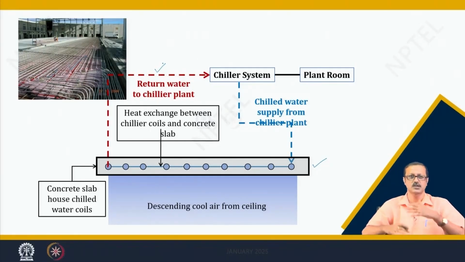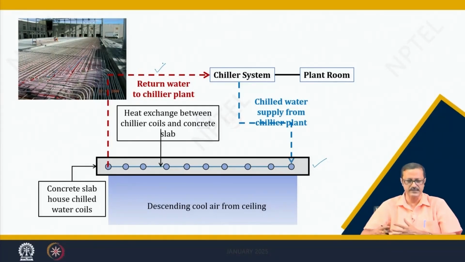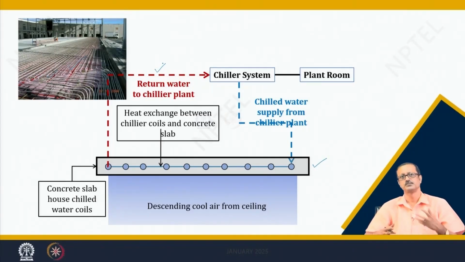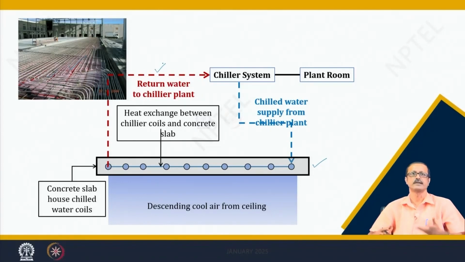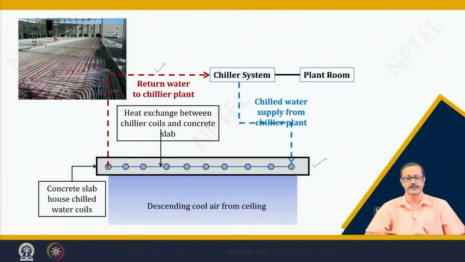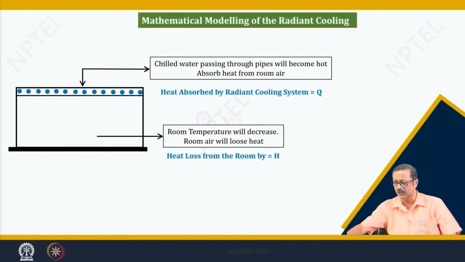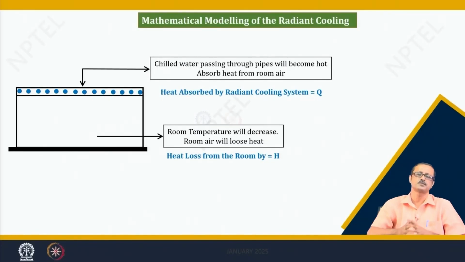By virtue of the thermal exchange, it will be a little bit hotter, because it is passing through a hot surface, and the hot surface becomes cool. That heat will go to raise the temperature of the chilled water. Those are the basic principles.